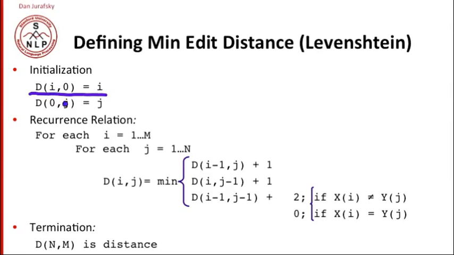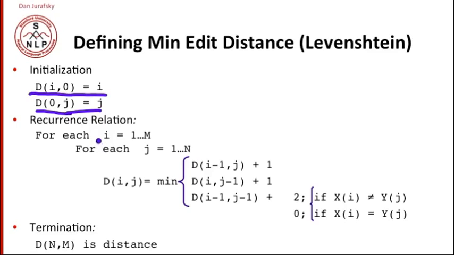So the cost is the length of the string. Similarly, for inserting all the characters into y to create the string y, the distance between the null string of x and the string y is just the length of y, the insertion cost of y. And then we'll do the recurrence relation.